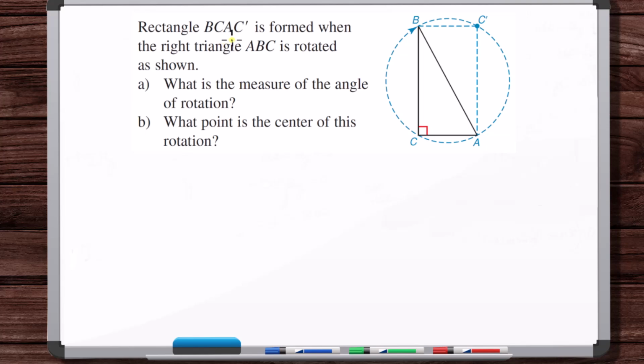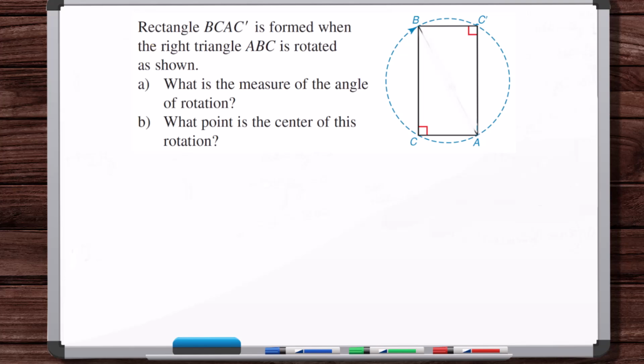Rectangle BCAC prime is formed when the right triangle ABC is rotated as shown. Okay, so take ABC and rotate it in that direction, and you get BCAC prime, right? Because now you get this.